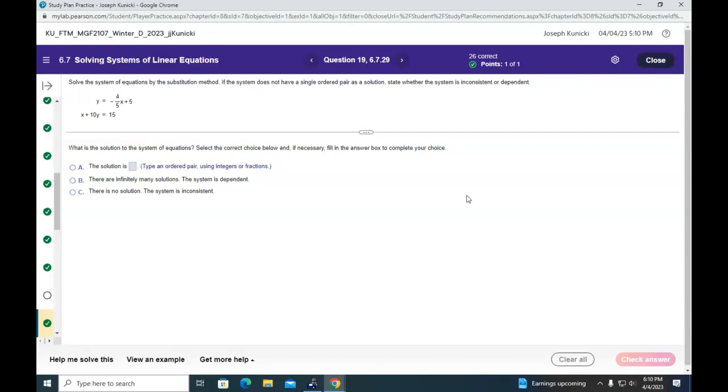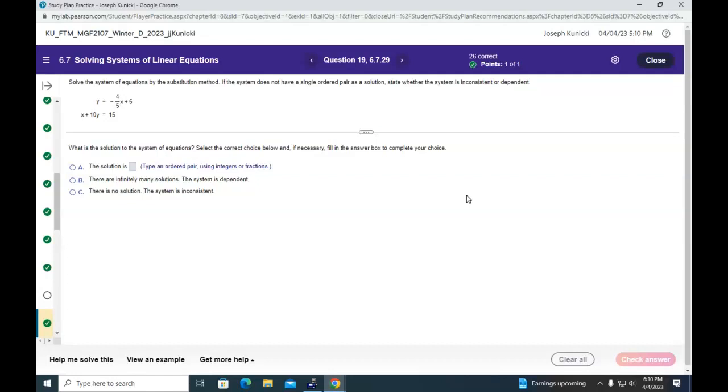So this will be a minus, right? 4/5 times 10 is 8. 8x, right? 40 over 5. And then 10 times 5 is 50. So I got -7x equals -35.